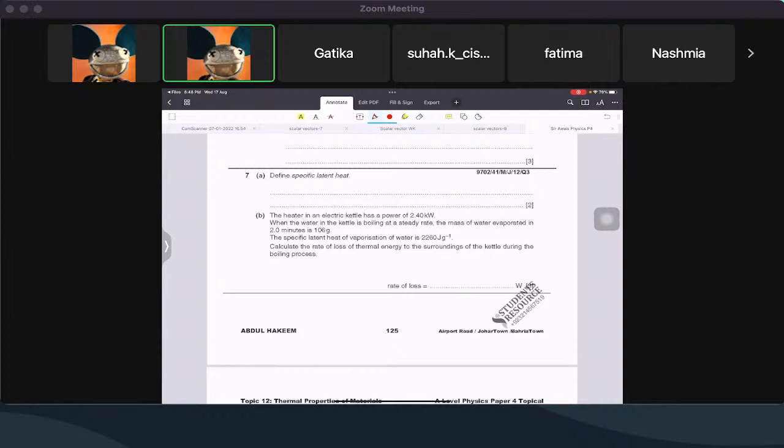The specific latent heat of vaporization is also given. Calculate the rate of loss of thermal energy. Whenever this word comes, rate basically means thermal energy over time, which means he wants us to calculate the power. So it says during the boiling process. I don't think this is too hard.